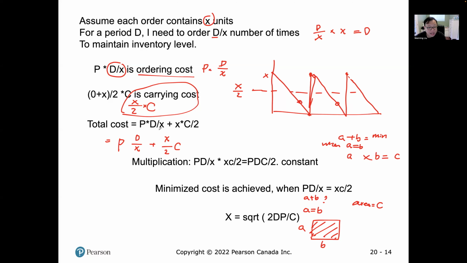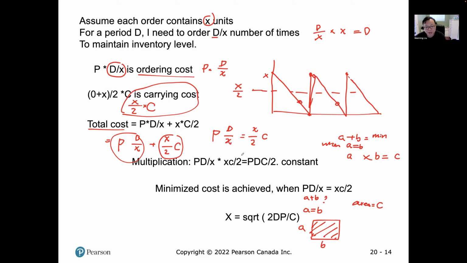So I want to have the minimum of the cost. And I know the multiplication is a constant because the 2x cancel. So the minimum cost is achieved when PD over x equals x over 2c.